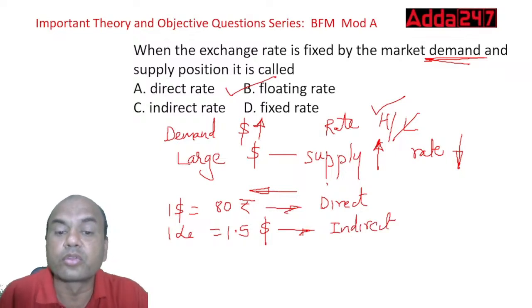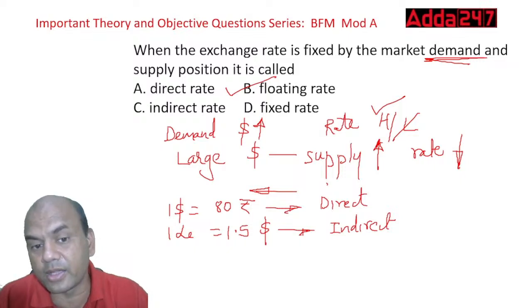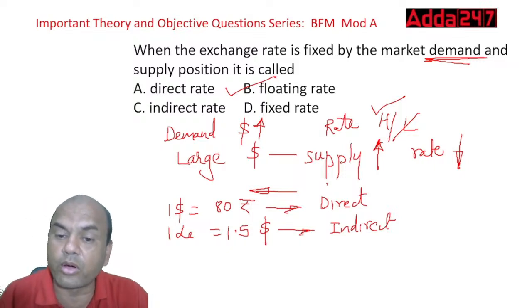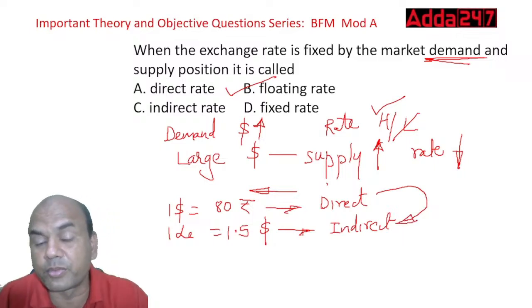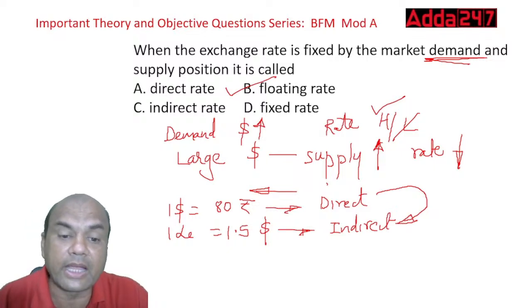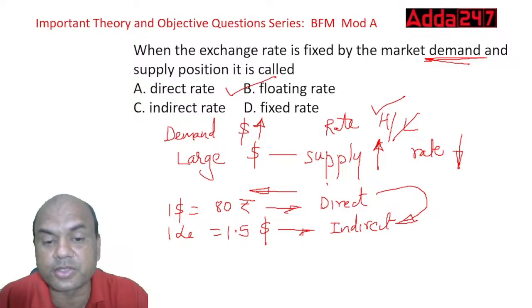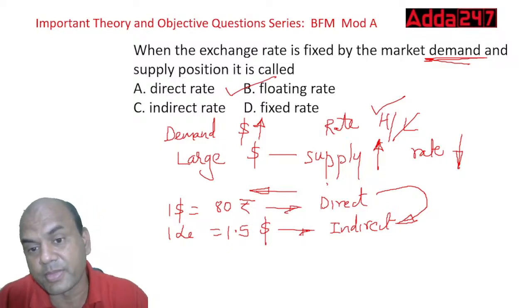Now remember, we in India should move from this rate system to that one, because we must develop ourselves so much that we also have the indirect rate system. The dollar should fluctuate and the rupee should be stable. Right now it's the reverse.